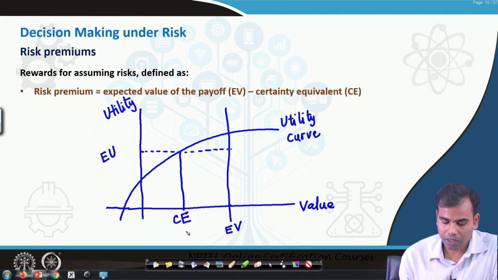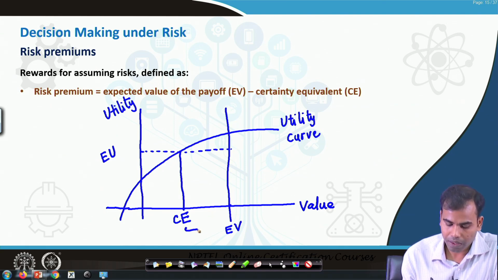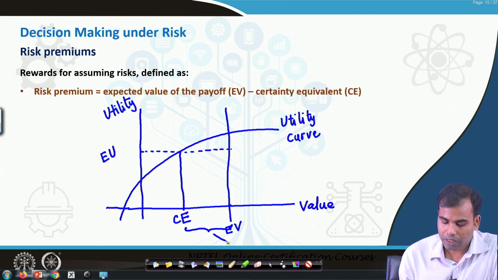And the distance from the certainty equivalent to the expected value is essentially the risk premium that is being paid off.